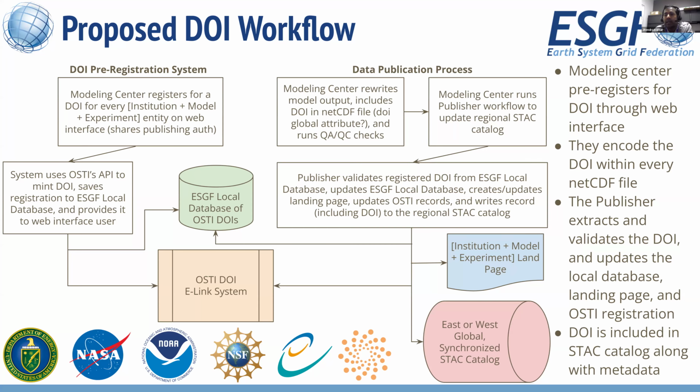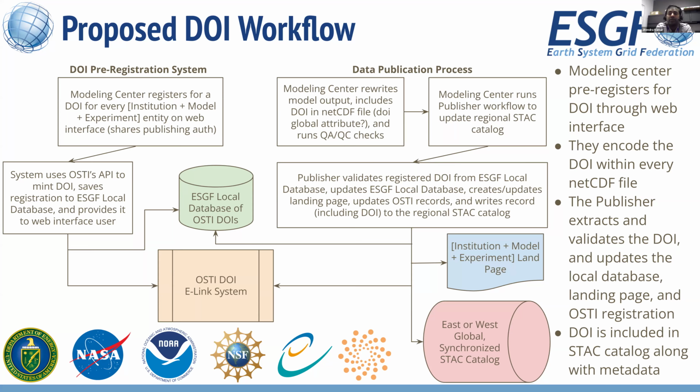But we are building a pre-registration web UI where modeling centers can come and say, I want ESGF to issue me a DOI for my model, under this scenario, and for these runs, and they will get a DOI that they can take and include within their data preparation, put it on their files, and then we are tracking internally, and we are using DOE OSTI's interface and the capability that DOE OSTI provides, which is to register data through DataCite.